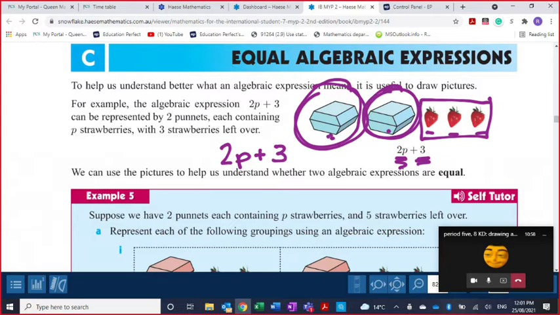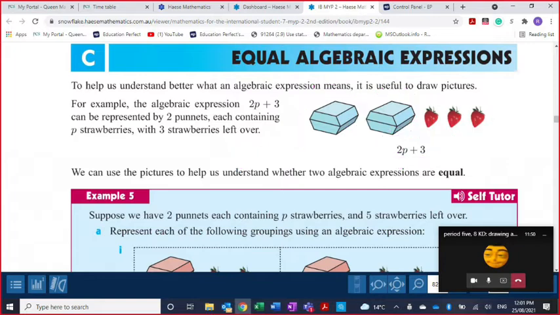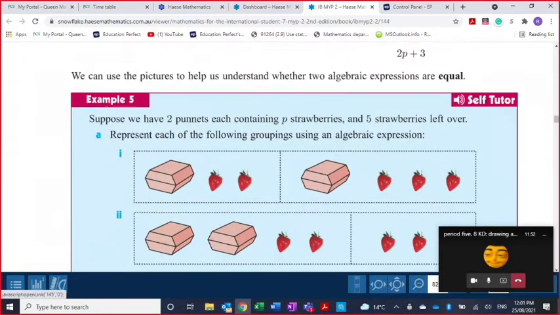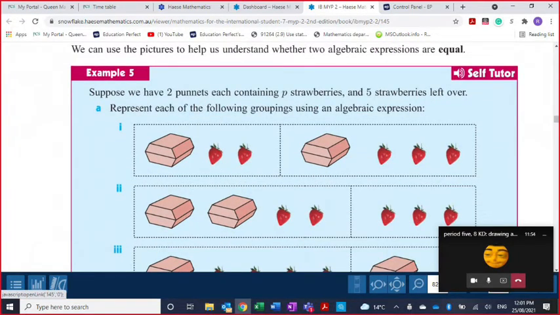So using these pictures can help you understand how the algebra structure works. And we can see whether 2 algebraic expressions are equal or not. So let's look at an example. Suppose we have 2 punnets each containing P strawberries. We don't know how many are in the punnet, and 5 strawberries left over.